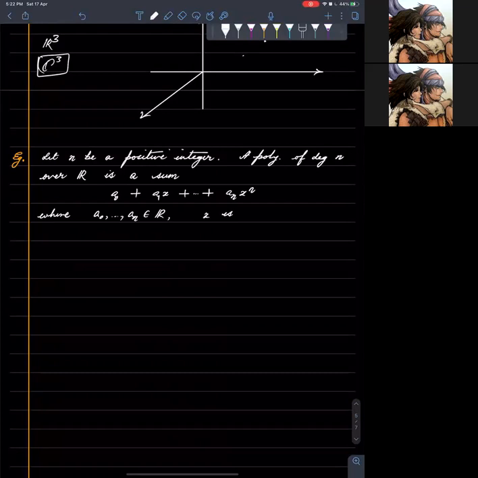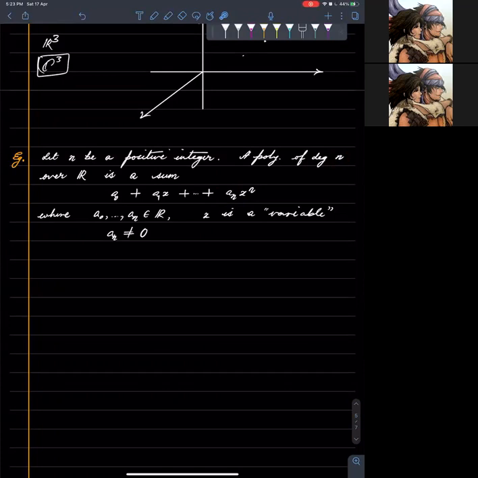X is a variable, whatever that means. An is non-zero. The degree is n, and that's basically the highest non-zero coefficient. So that's what a polynomial is.